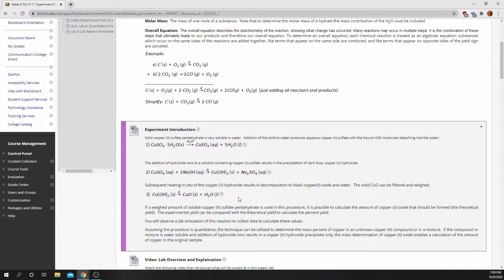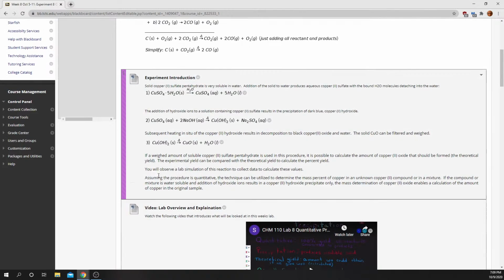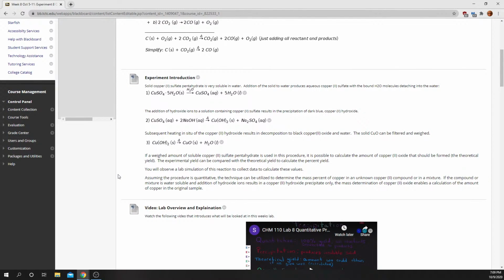Then you heat the copper hydroxide, which comes out of solution as a solid, and you get copper oxide. You filter it, you get the copper oxide out. So that would give you some amount of copper oxide.